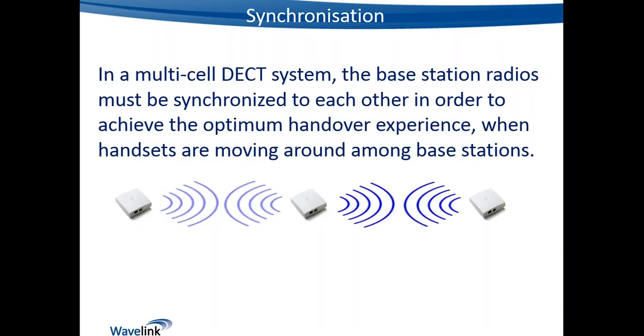So in IP DECT base stations, traditionally what we've had to do is synchronize these over the air, and that means using one of our 12 voice channels on the IP DECT base stations to maintain a synchronization state with the other base stations.